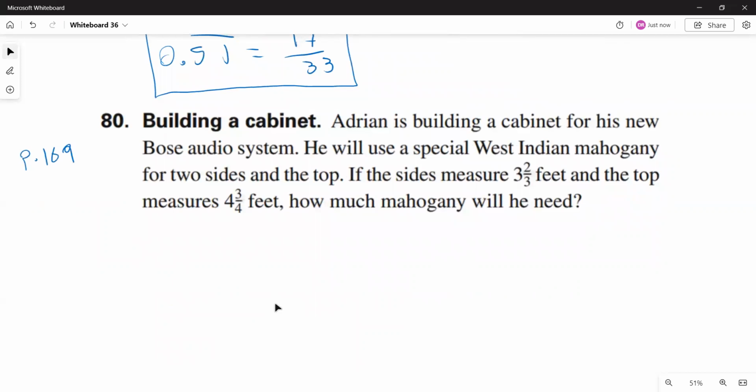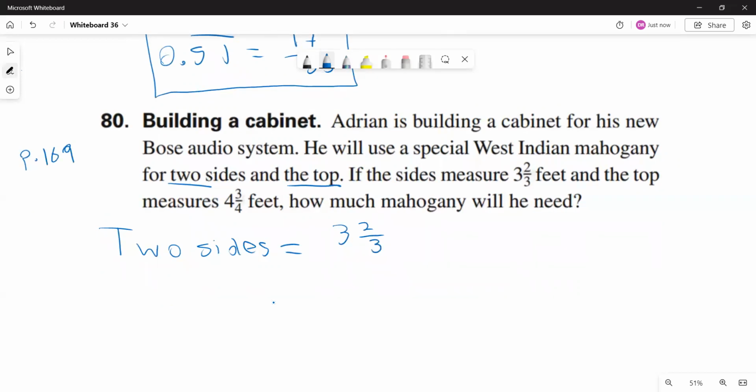Okay, so that's going to be 2 sides and the top. So 2 sides measure 3 2/3 feet each. And one top measures 3/4 feet.